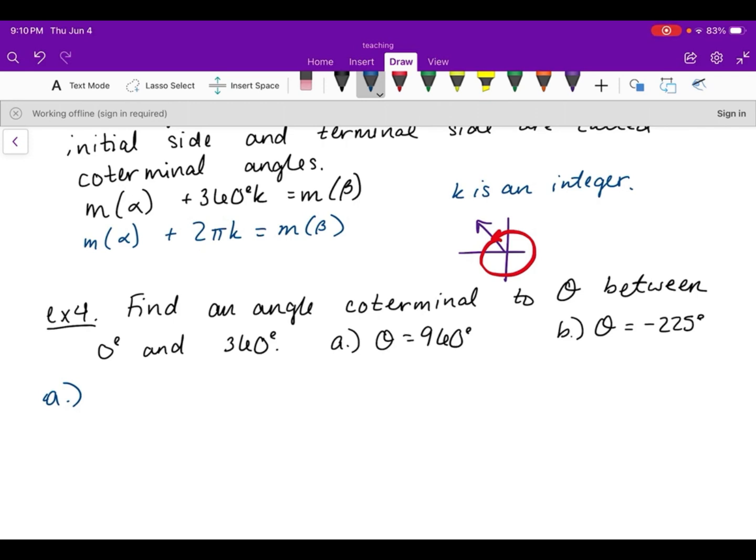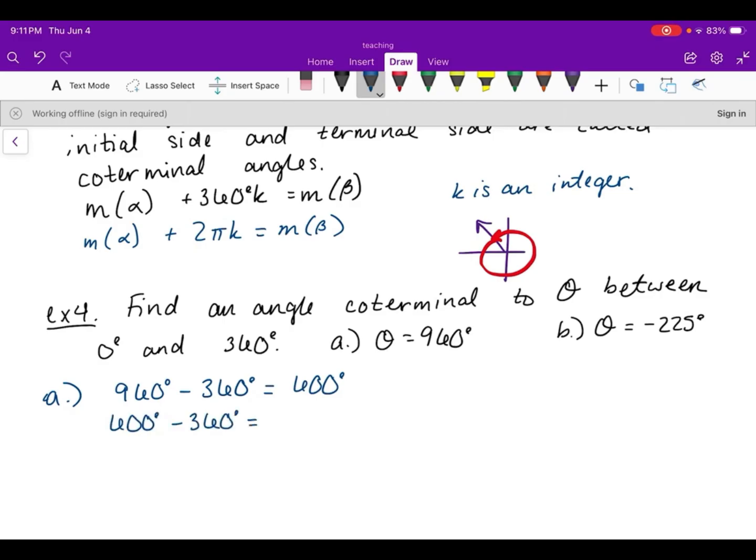So 960 is just too big of an angle to plot on our normal XY coordinate plane. We can make it more manageable by subtracting 360. If you look back at that definition with the plus 360k, if we're subtracting 360, then our k is technically negative 1, which is still an integer, so we can do it. 960 degrees subtracted by 360 degrees gives me 600 degrees.